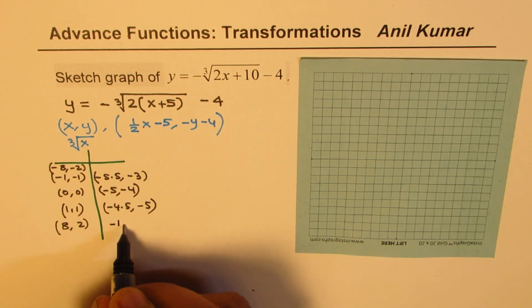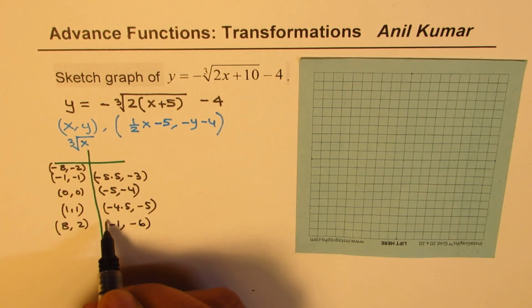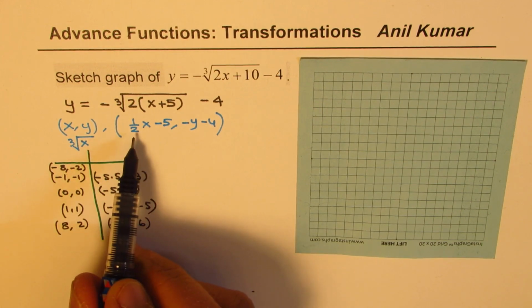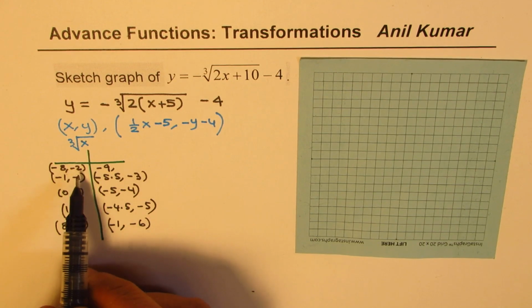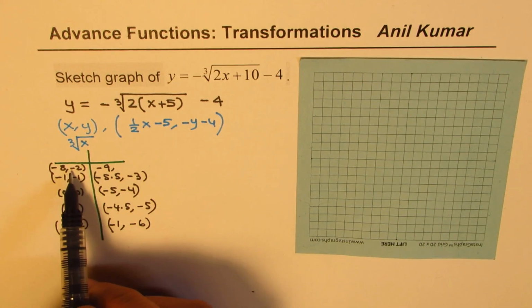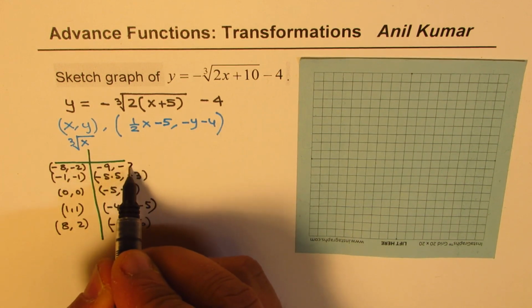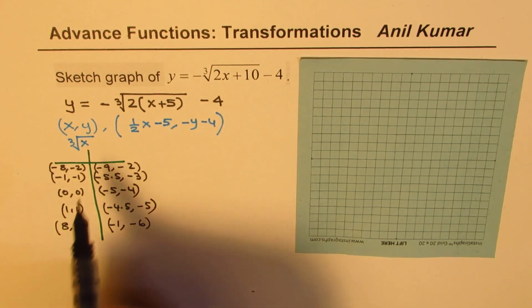So at minus 1, the y value will be minus 6. Taking minus 8, half of minus 8 is minus 4. So we get minus 9 here. And this becomes plus 2. So plus 2 minus 4 is minus 2. So these are the good points to take. That comes from transformations, right?